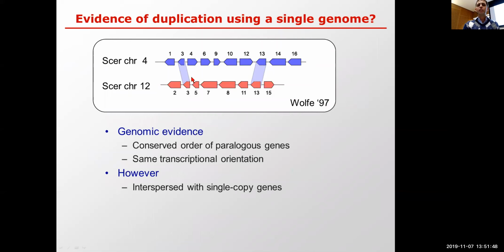Because he noticed that these genes in different chromosomes that were paralogs of each other, that were kind of similar to each other, that obviously had arisen from some kind of ancestral duplication event, were in fact not independent. That this duplicated gene between chromosome 4 and chromosome 12 is in fact in the same order and orientation as that duplicated gene, with a bunch of completely unique genes in the middle.